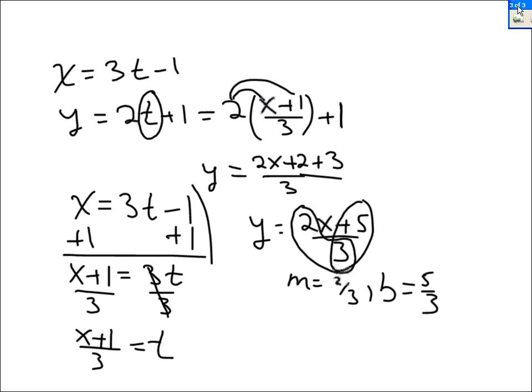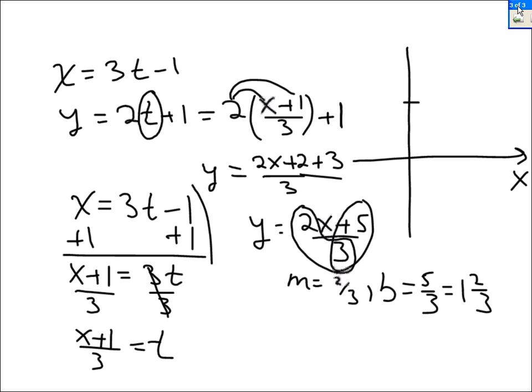And we can plot it with that information. I know I crossed the y-axis at 5/3, which is 1 and 2/3. So here's 1 and 2 and 3 and 4.